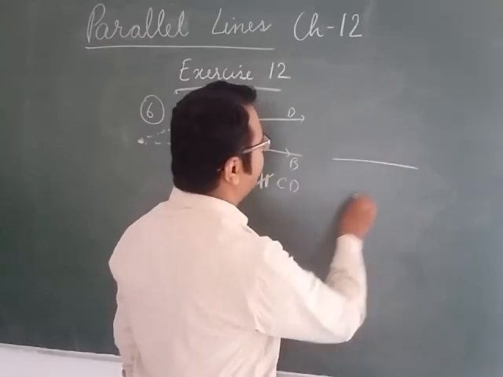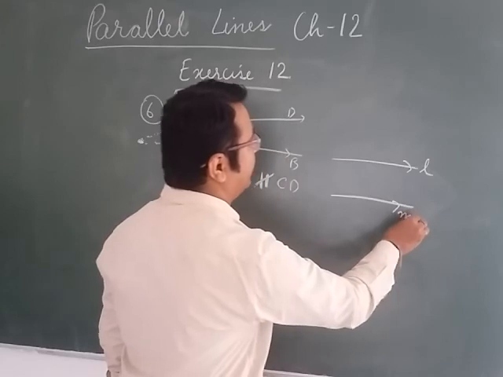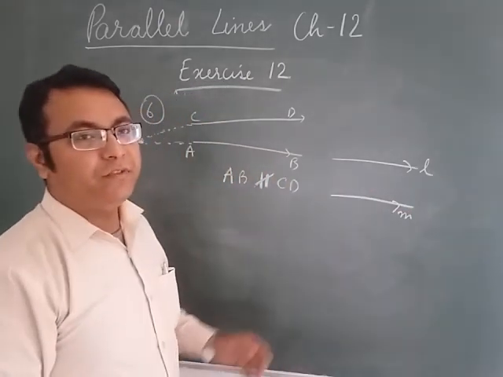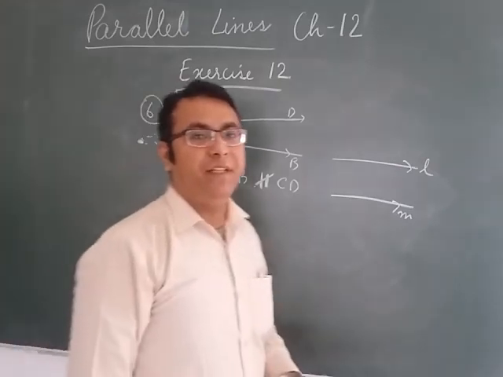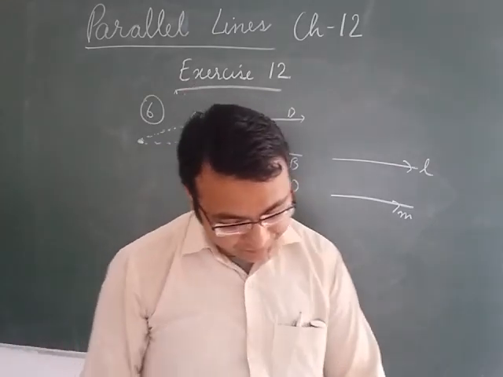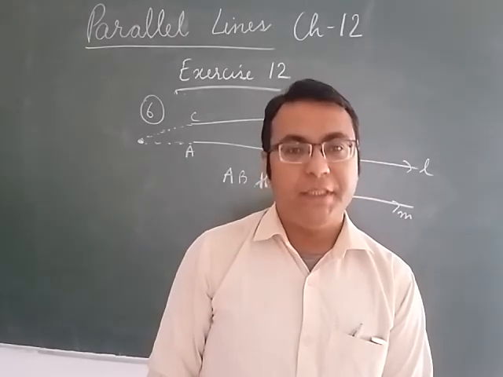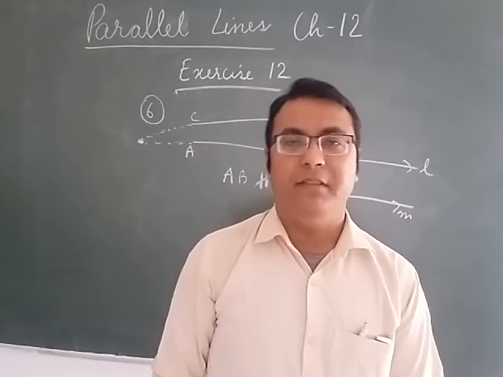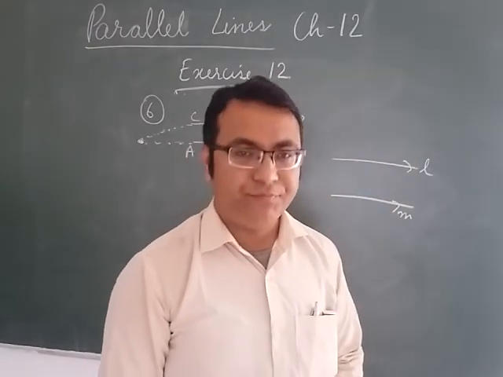If this is a line and this is another line, this is L and this is M. When you extend these two lines in any direction, they will never meet. So when they never meet, they will definitely be parallel. If two rays do not intersect, they are parallel. This is also true.